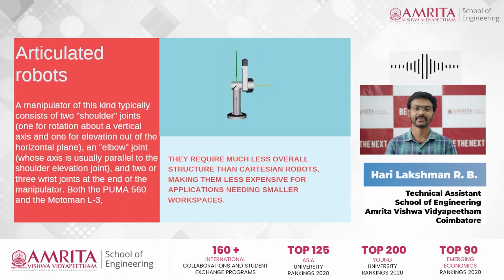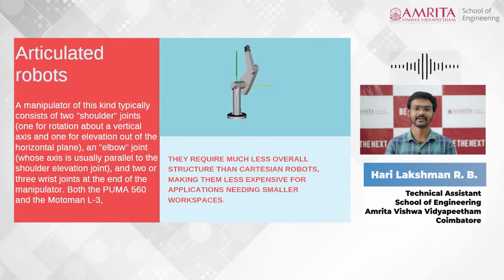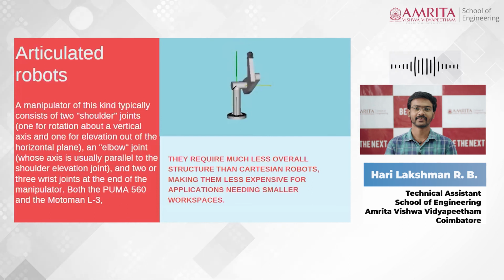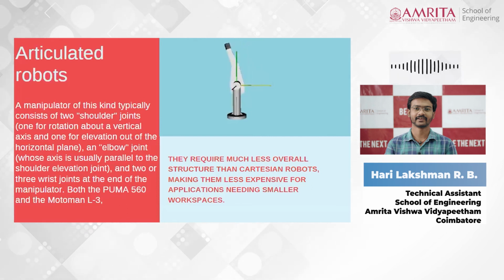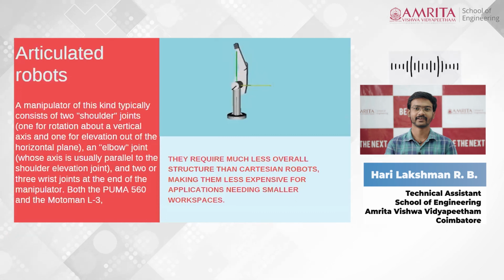Then there is an elbow joint, whose axis is usually parallel to the shoulder elevation joint, and two or three wrist joints at the end of the manipulator.